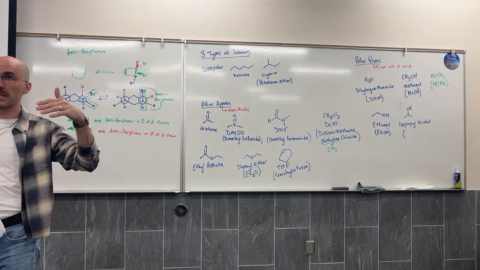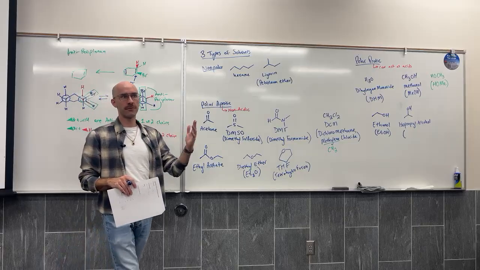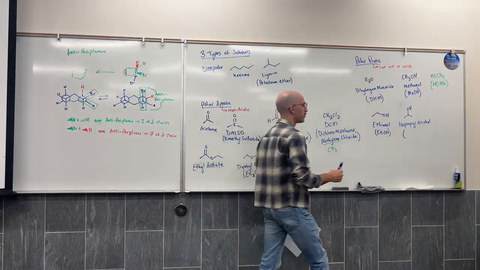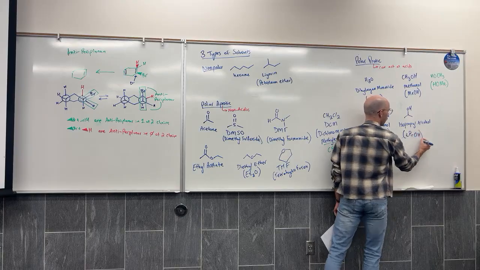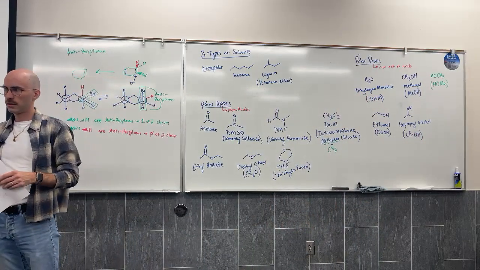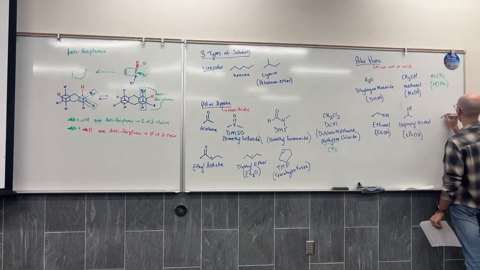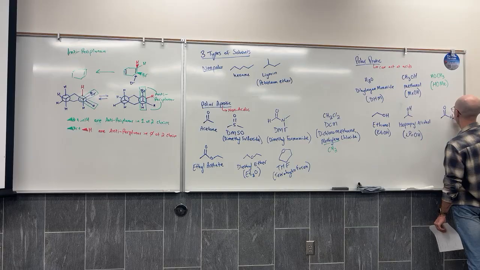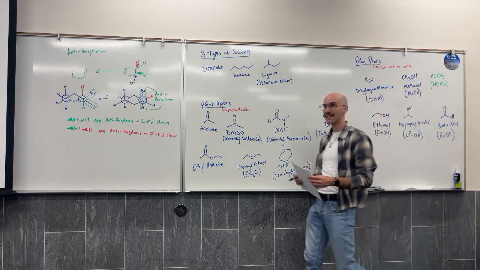If we wanted to abbreviate isopropyl, we could use Pr, but that would be confused with propyl. So we use a lowercase i and then Pr to give us isopropyl alcohol. That last structure on the right is acetic acid. And the way that we often abbreviate acetic acid is AcOH.